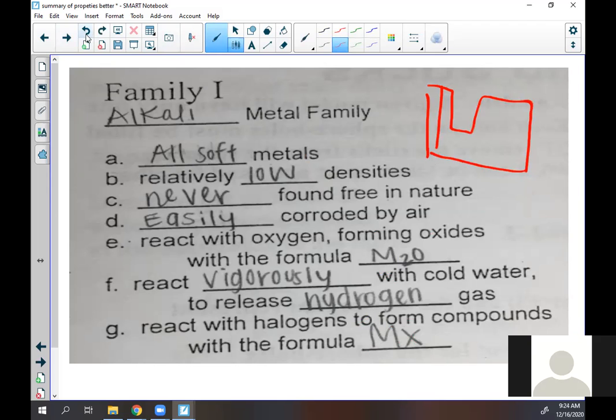All right, anyway, you may remember that the periodic table has families, right? They are grouped together because they have similar properties. So these are the similar properties of family 1. You don't have to know all of these, but you do have to know some things.